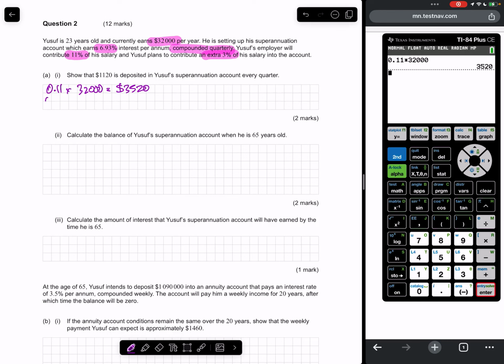He's going to do his own 3%, 0.03 times 32,000, $960. That's 4480 per year. 4480 divided by 4, therefore 1120 per quarter.